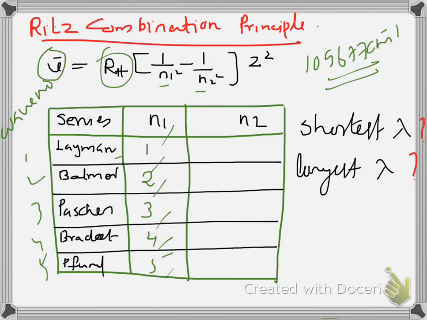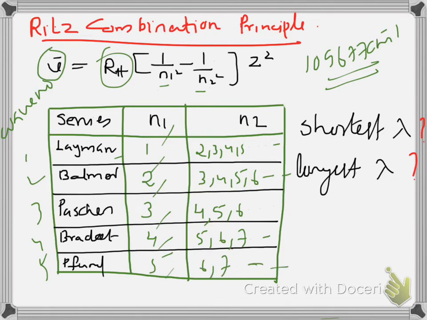For Lyman, if n1 equal to 1, n2 can be 2, 3, 4, 5, etc. Balmer, n1 is 2, then n2 is 3, 4, 5, 6, etc. Paschen, 4, 5, 6, etc. Then 5, 6, 7, etc. Then 6, 7, 8, etc. These are the n2.